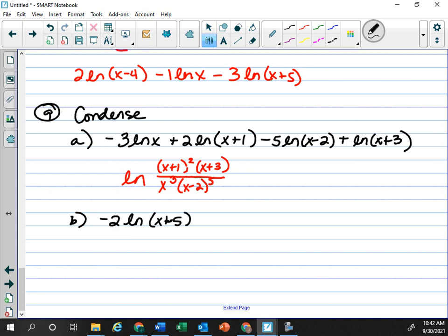That's plus 5, sorry. -4 natural log of x plus natural log of x minus 3 minus 3 natural log of x minus 1. Same idea, I want you to condense that.